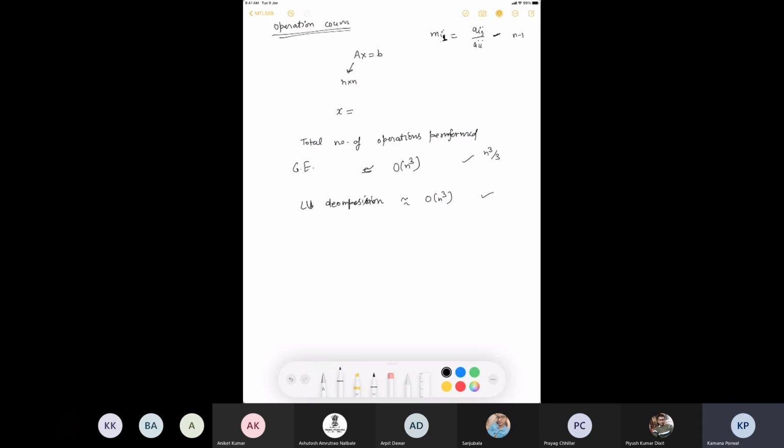Imagine that you're implementing this algorithm on a computer, and it is taking n cube time, and say n is of order 1 lakh or even more, so n cube is going to be very large compared to n square. And when the operation count is large, it is going to take more time to solve the system. When you try to design an efficient algorithm, you want to minimize time as well. So time is a big factor in solving the systems.